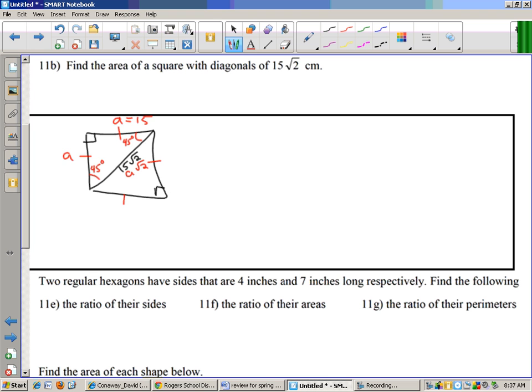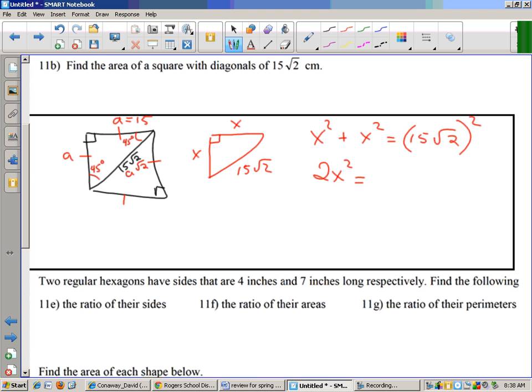The other way we could have worked this is just good old-fashioned Pythagorean Theorem. Since this is a 45, 45, 90, since it's isosceles, then what I really have is this. And I can just say x squared plus x squared equals (15 root 2) squared. X squared plus x squared is going to be 2x squared.